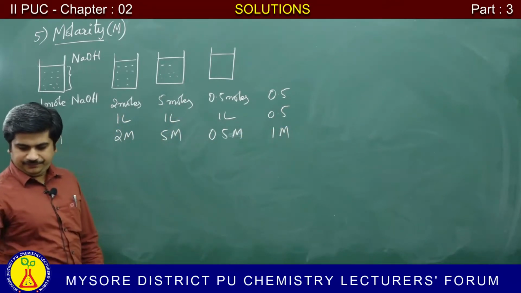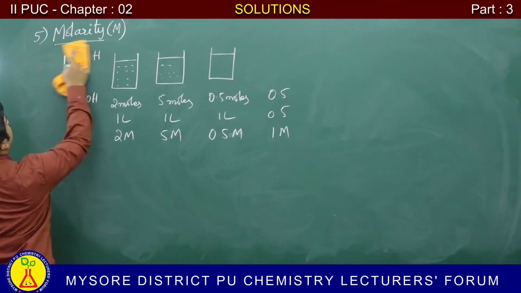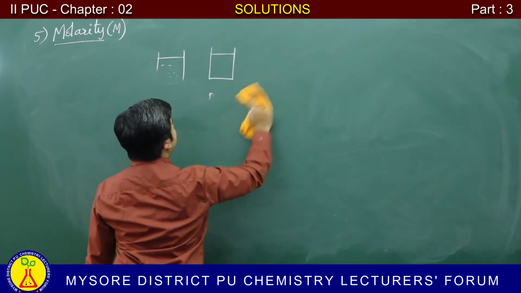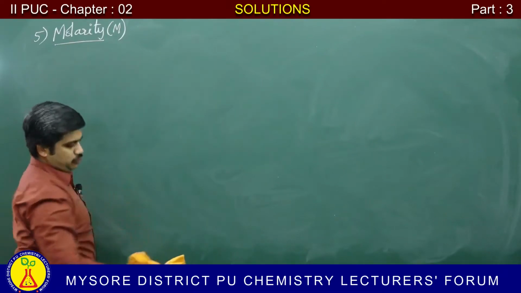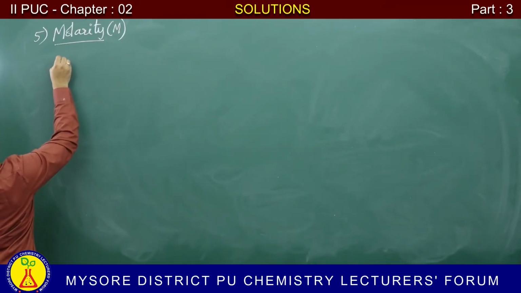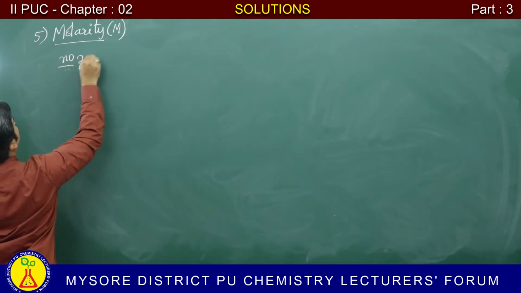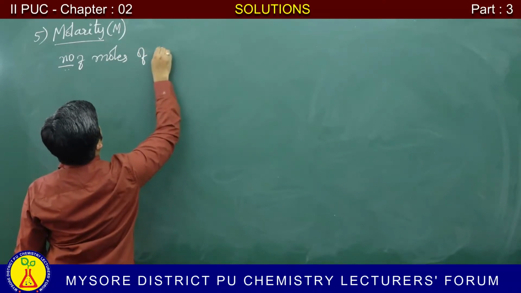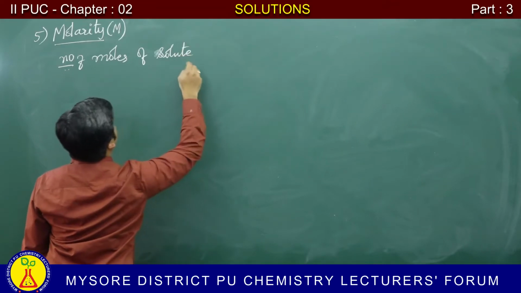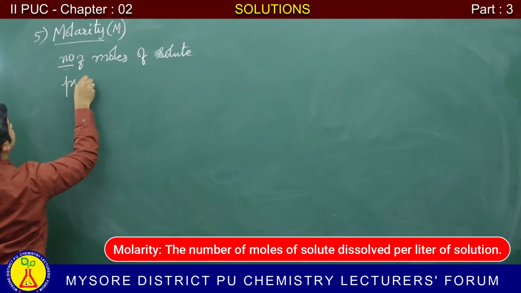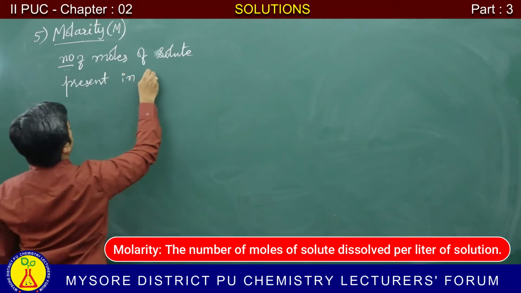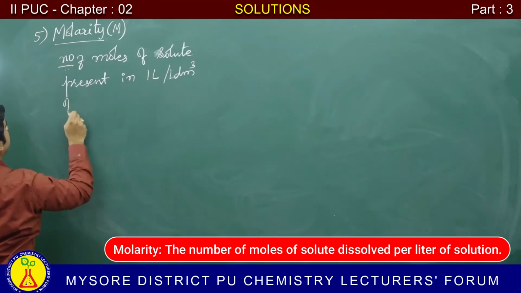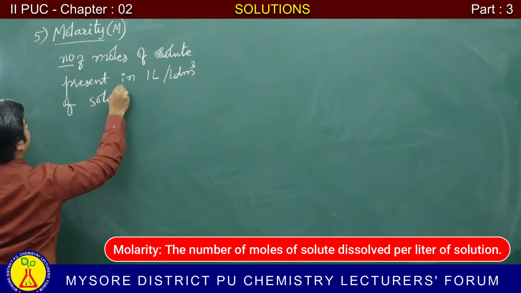Now, what is molarity? Molarity is the number of moles of a solute dissolved in 1 liter or 1 dm cube of a solution. So molarity is defined as the number of moles of solute, or of a component, dissolved in, present in, 1 liter, 1 dm cube, both are same, of solution.